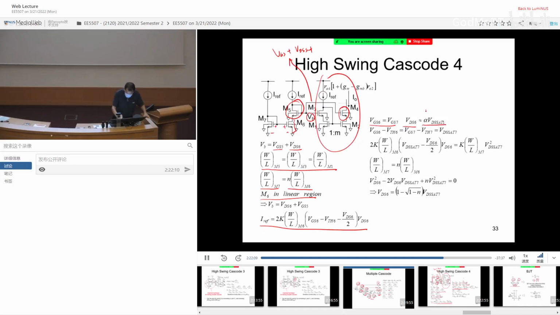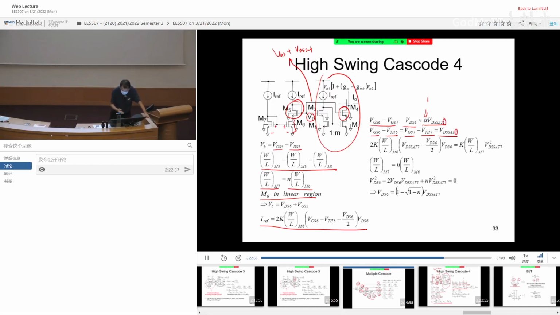We already mentioned why, because we don't want it to be exactly 1. We need to provide some margin. Now VGS6 minus VTH6 is actually equal to VGS7 minus VTH7. Okay, straightforward because they share the same VGS. And therefore it equals VDS set 7. Don't be fooled, this is 7, this is 1. They are actually different.